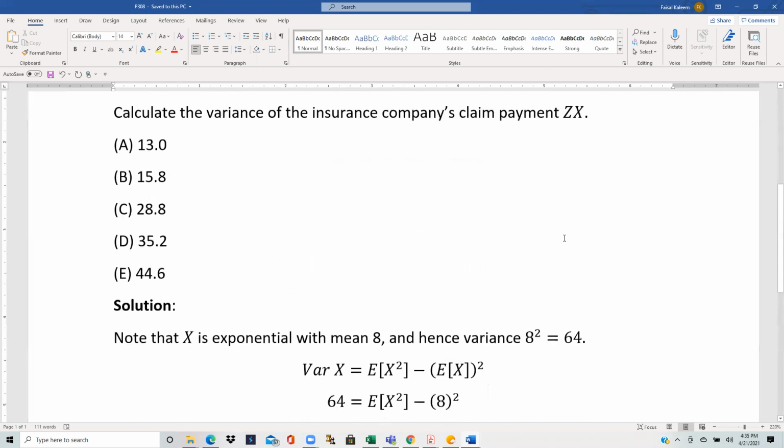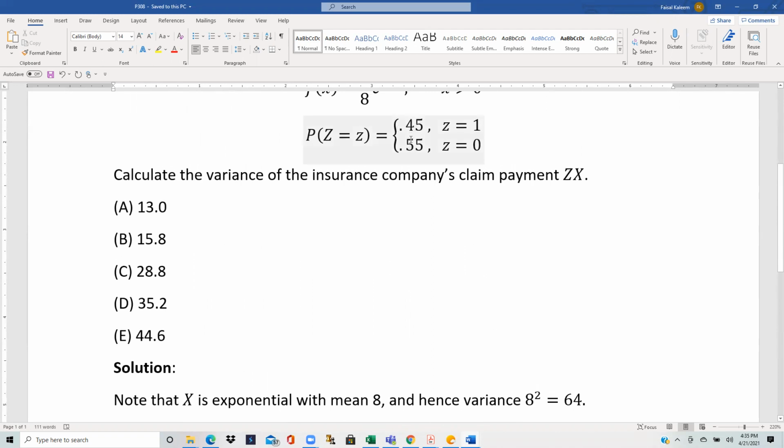So E of Z: Z is a discrete variable like this. So you know that for such a variable, the expected value will be the value of Z times the corresponding probability. So basically it's the summation of z times f of z. So it'd be 1 times the probability plus 0 times the probability of 0.